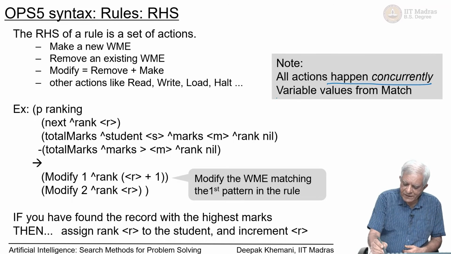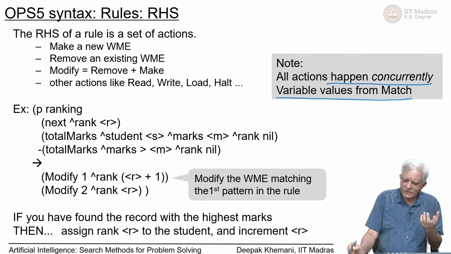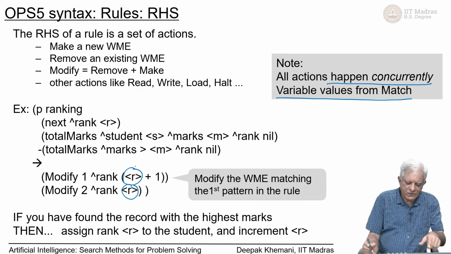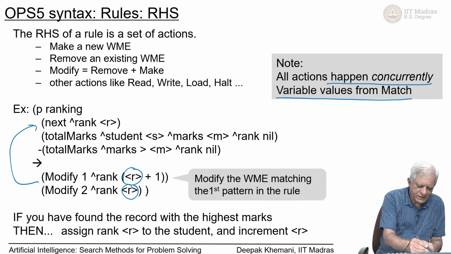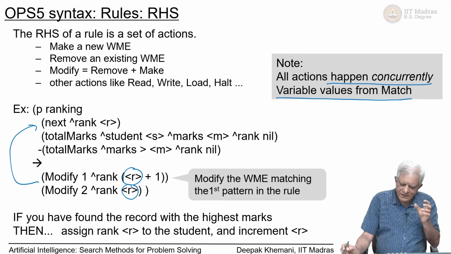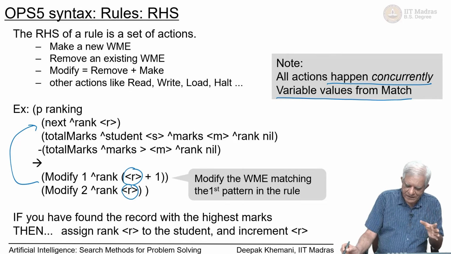The values of the variables you use are the values they got from the match essentially. So, basically this R and this R is the same, even though this R says that you modify this to R plus 1, but it does not affect the fact that the current student will get this rank R essentially.